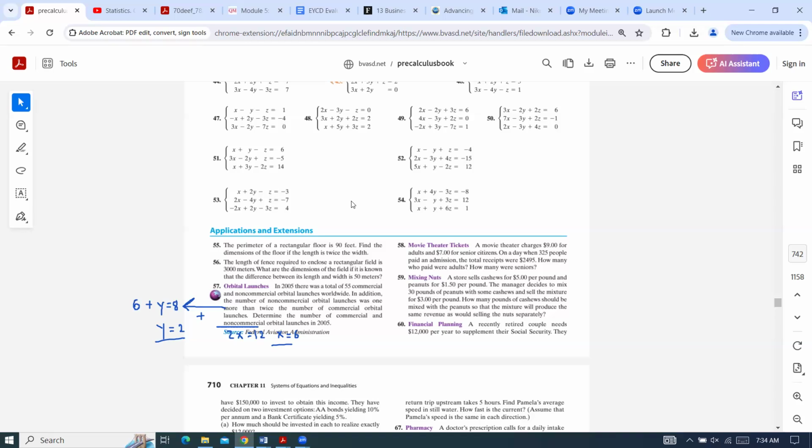So anyways, let me share the board and do problem number 49. And this is the system with 3 equations and 3 unknowns. We need to find all these 3 unknowns, x and y and z as well.